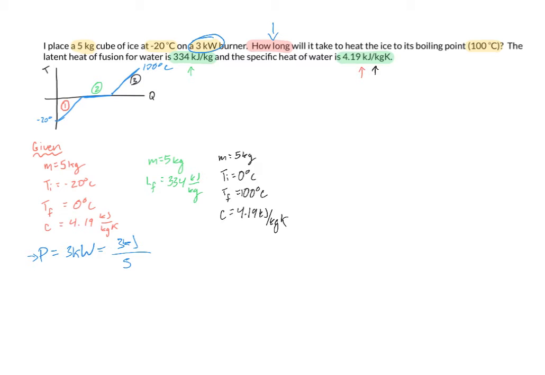First, I'm going to go ahead and figure out what Q is. And then using what I found for Q, I'm going to put that back in here and figure out how much time it'll take to put that into our water.